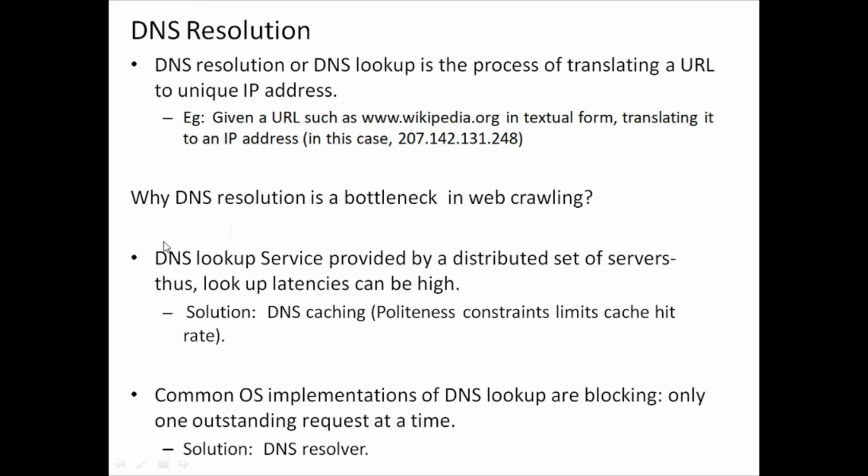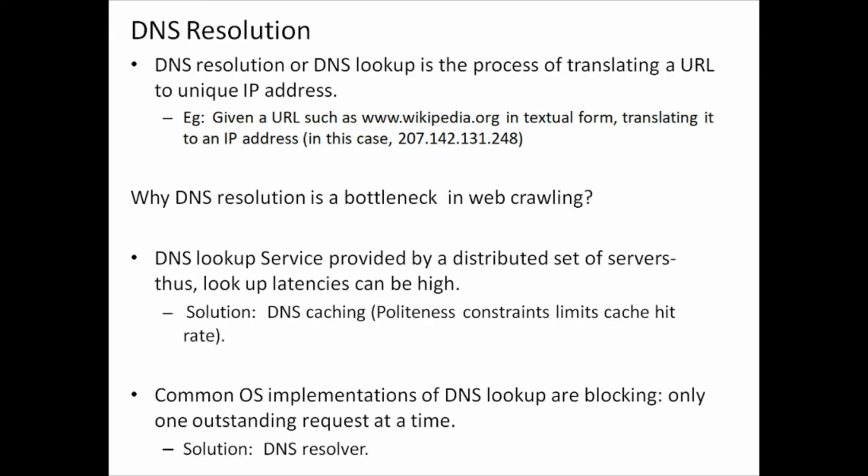And now let us see why DNS resolution is a bottleneck in web crawling. Due to the distributed nature of the domain name service, the DNS resolution may entail multiple requests and round trips across the internet, requiring more time. So the DNS lookup service is provided by a distributed set of servers, and thus lookup latencies can be high, like it may take a number of seconds. The solution that we can use for this is DNS caching.